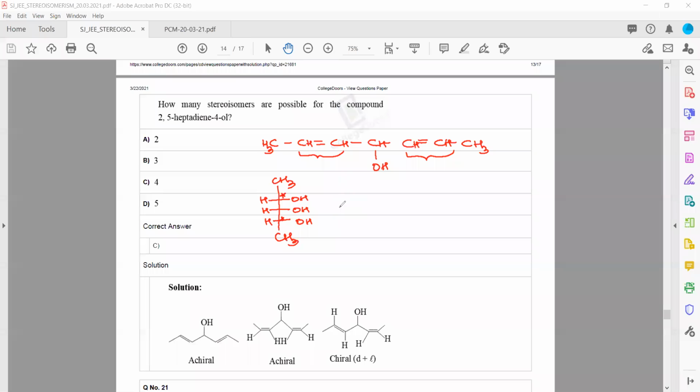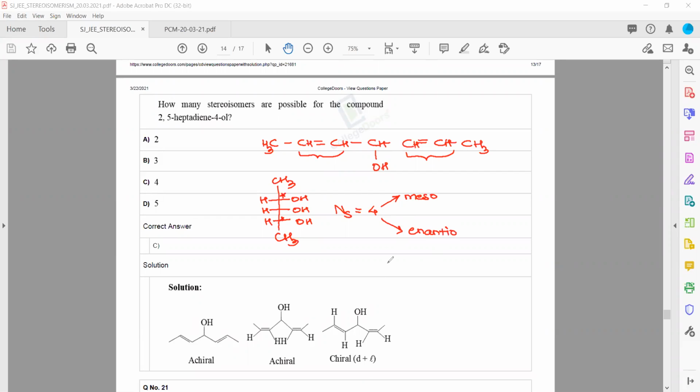So tell me, how many stereoisomers did we get in this compound? 4. 4. And specifically, how many enantio and mesomers were there? 2 each. 2 each. 2 were meso and 2 were enantio.